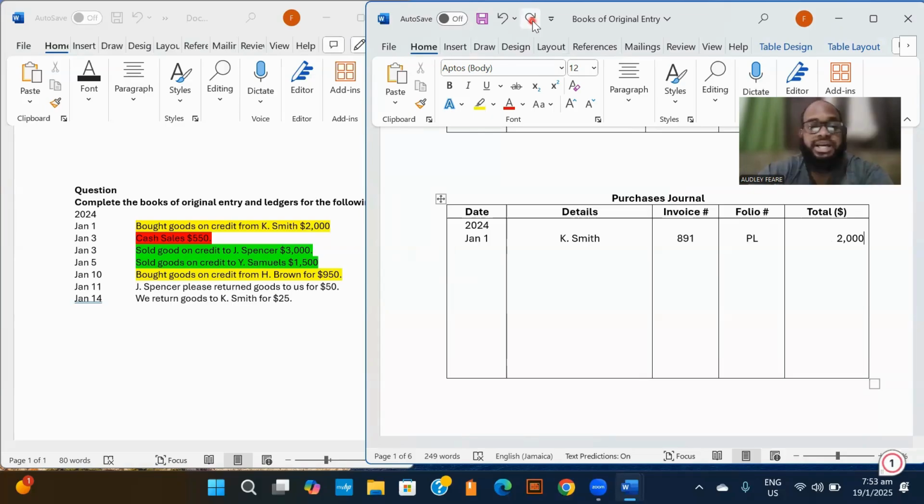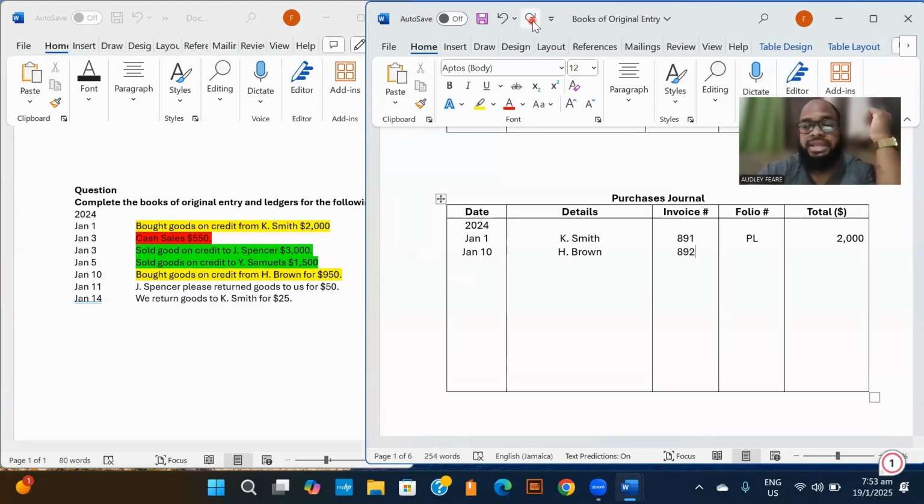And then we had two transactions for January. So we bought goods 2 times. And January 10, we bought from H. Brown. The invoice number will continue in the same order, 892. And of course, it's going to the purchases ledger. They may give you a number for the ledger. But for now, what I want you to understand is the entire principle of how it works. And then the total would be 950 worth of goods we bought from H. Brown. So now we have to draw our total line.